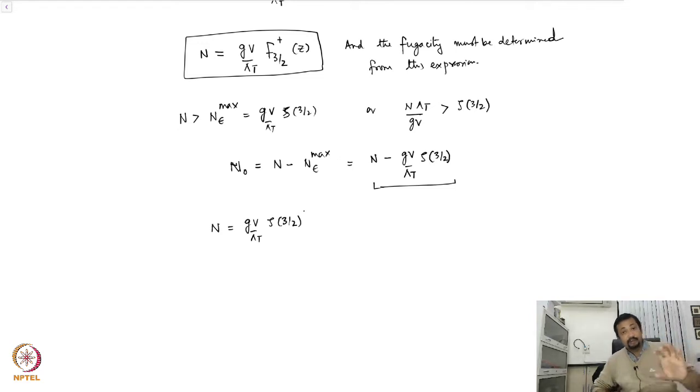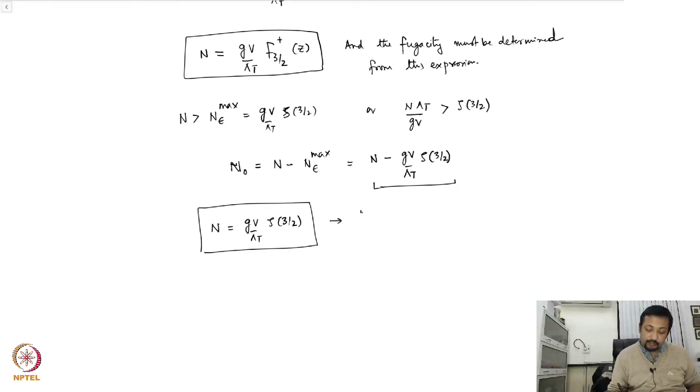That means when your number of particles in the system has hit the upper limit of the number of particles you can put in the excited levels. That is the condition when the condensate starts to appear.